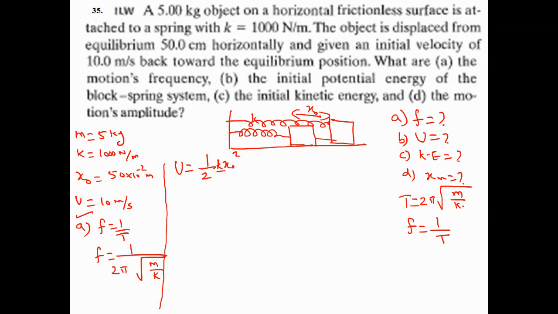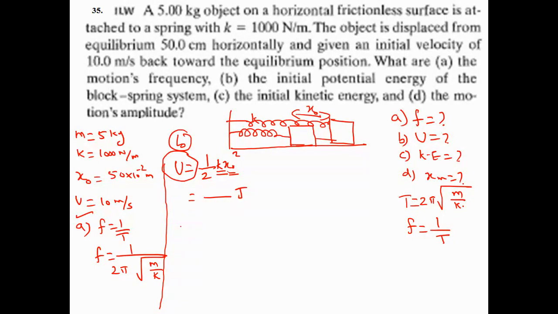Now you can see k value is given in the question, x naught value is given in the question. You can easily find the answer for the B part. What's the unit, my dear? Joules, because potential energy is in terms of joules.